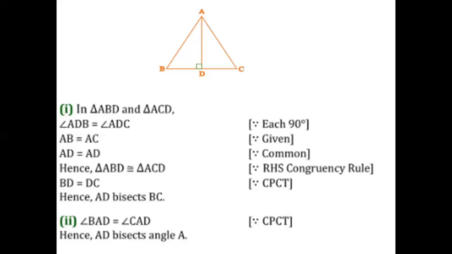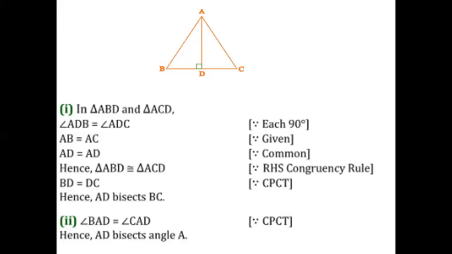Now, my dear, if ABD is congruent to ACD as I proved in the first part, I can easily state that angle BAD is equal to angle CAD from that proved part. Why? CPCT, corresponding parts of congruent triangles are equal.